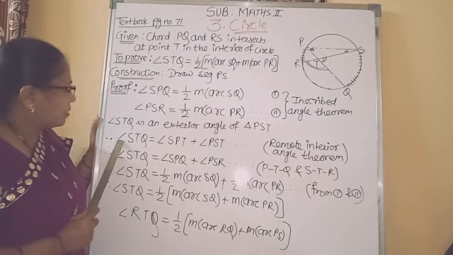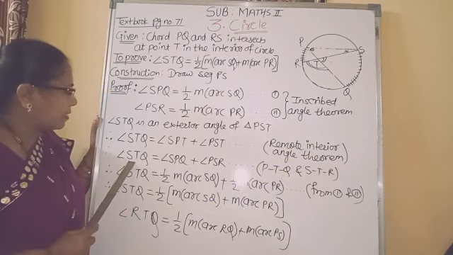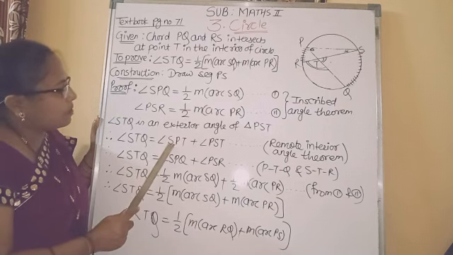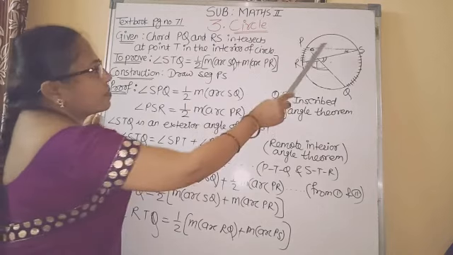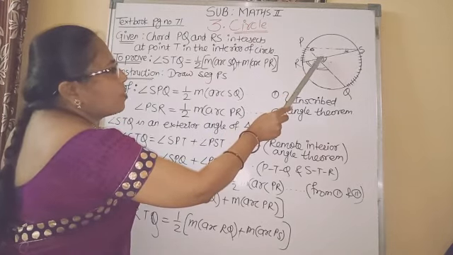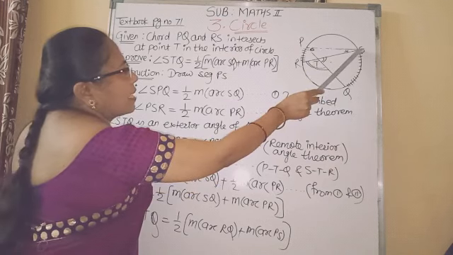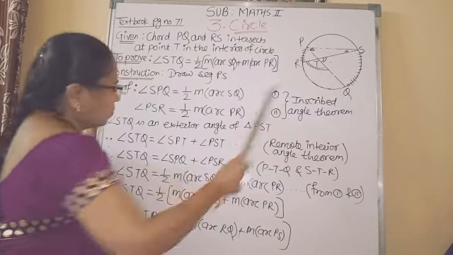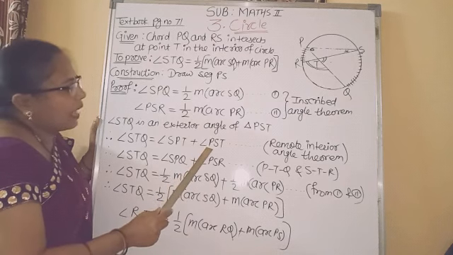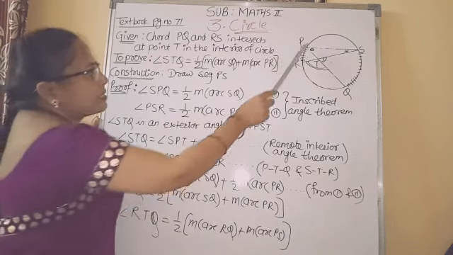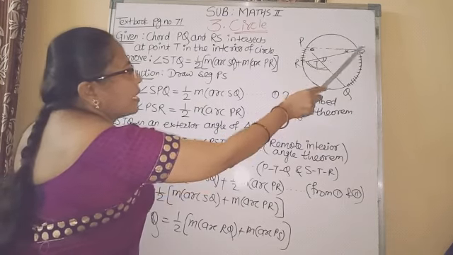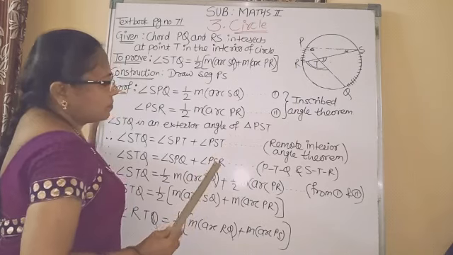Okay. Next step. Angle STQ is equal to, now first angle we wrote angle SPT. The name of this angle we can write angle SPQ, plus second angle is angle PST. Its name we can write angle PSR.